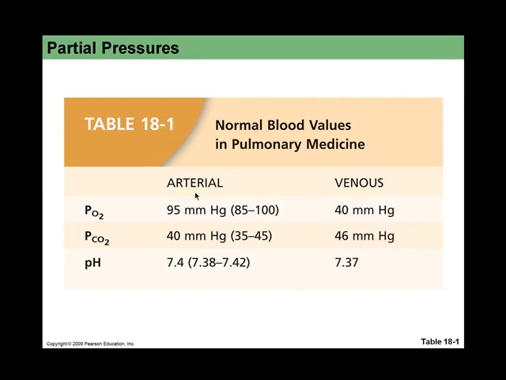You're not going to lose a lot in the left atrium, the left ventricle, and the aorta, and the artery from which you sample the blood. So this is a direct reflection of what just came from the lungs, the pulmonary function. So that's why this is pulmonary medicine. Venous is after the systemic exchange.